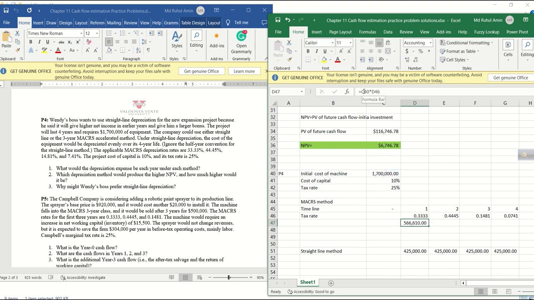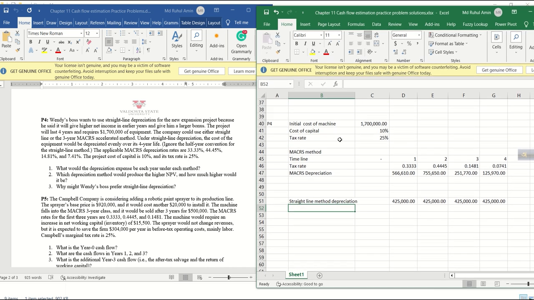If you just fix it, this is our MACRS depreciation. Okay, so these would be our two answers.